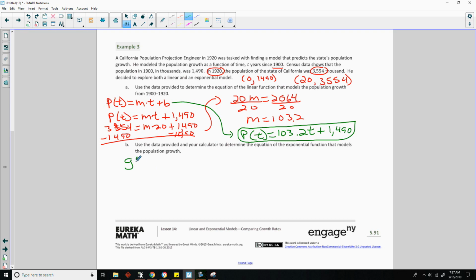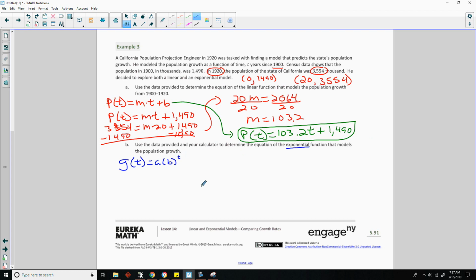What they're asking us to do here is use the data provided and your calculator to determine the equation of the exponential function that models the population growth. So I'm going to call it g for growth over time equals, and remember, if it's exponential, then it's some a times b to the t.